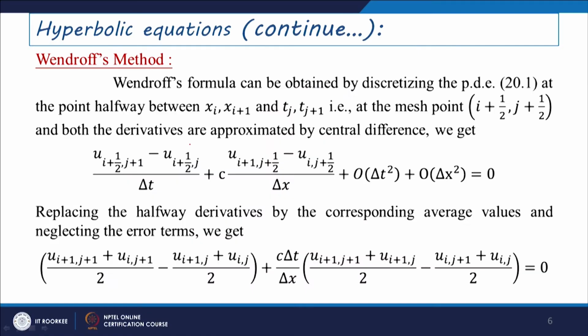If you go for Wendroff's method, Wendroff's formula is obtained by discretizing the partial differential equation defined as del u by del t plus c del u by del x equals 0, for x greater than 0 and t greater than 0. We consider this point of discretization at the halfway point between x i plus 1 and t j plus 1.